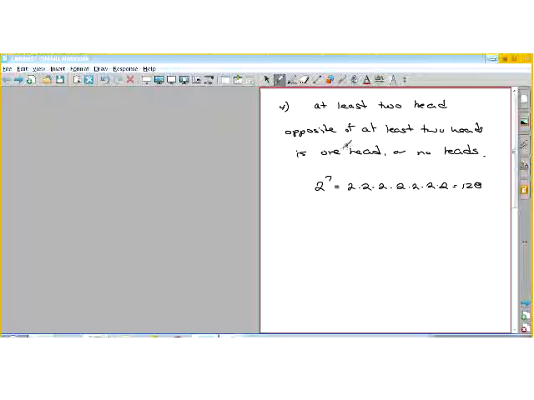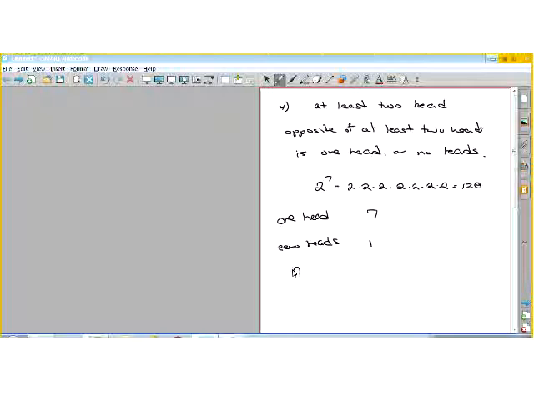Then you do the things that are opposite of at least 2 heads. So 1 head, there are 7 ways to do that, because you can have the head in the first position, the second position, third position, and so forth. 0 heads, which means all tails, there's 1 way of doing that.